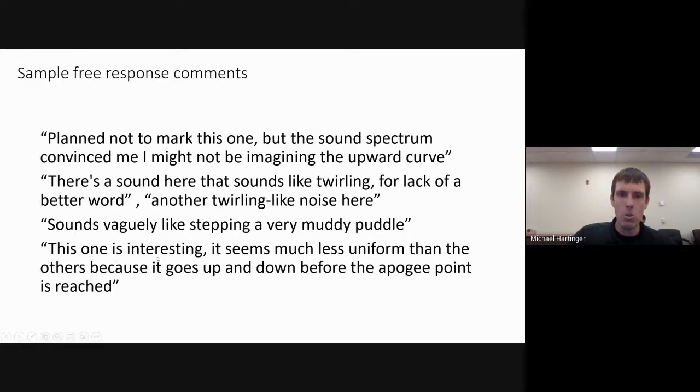And then the last one was interesting just because it gets back to our science question. This one is interesting. It seems much less uniform than the others because it goes up and down before the apogee point is reached. This is something that could happen if you have a sharp density gradient, like a plasmapause. This is something that we know from theory, that the frequency should go up and down.